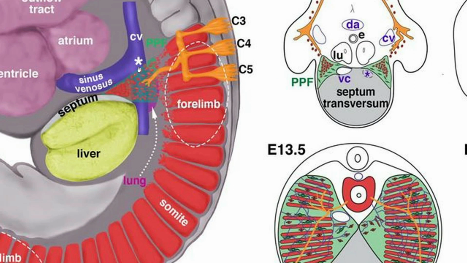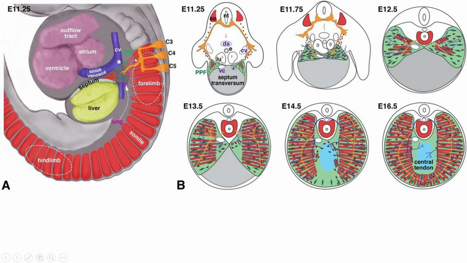They are coming from the cervical 3, 4, and 5 somites, and also the phrenic nerve axons are coming from the neural tube of that region. The muscle progenitor cells migrate from the cervical 3, 4, and 5 somites, and also the axons from the neural tube of that particular region migrate to the developing diaphragm.